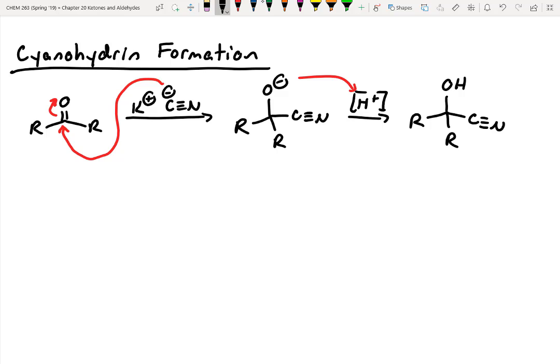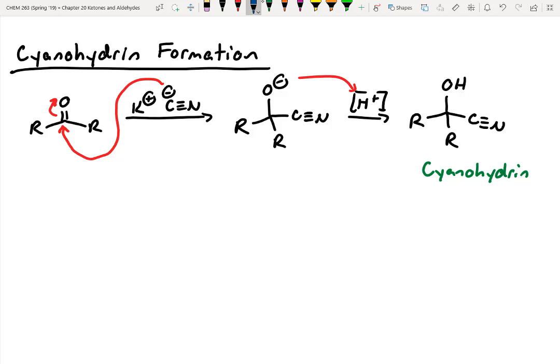Once we're at this point, this is called a cyanohydrin. And we can actually isolate it and work with it. We're not going to look a whole lot at this right now, but I will give you a sneak peek of what we will see later on in the carboxylic acid chapter.